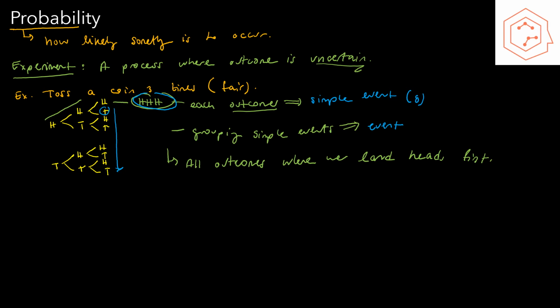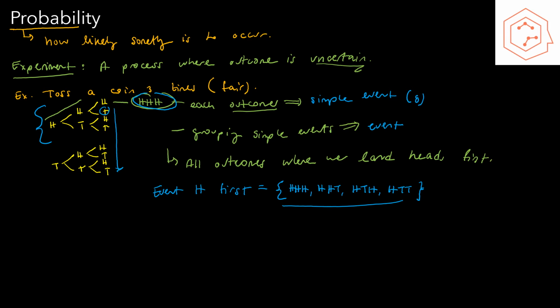So the event heads first is going to be equal to everything in this first block. So heads, heads, heads, heads, heads, tails, heads, tails, heads, and heads, tails, tails. So the event of landing heads first is equal to this.